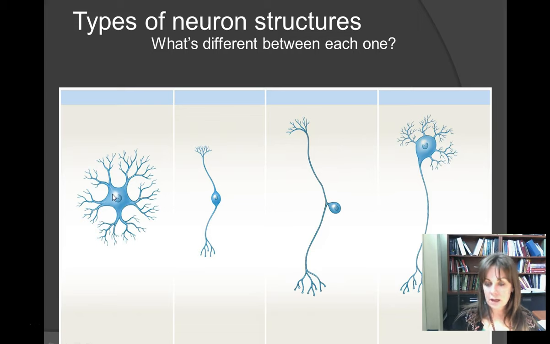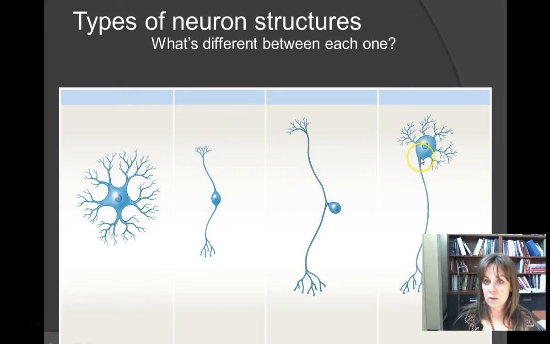So some things that I see when I look at it, here's the one that we started with that we've looked at before. This one has a big cell body right here. The cell body is right next to these dendrites, and then it's got one very long axon coming off.